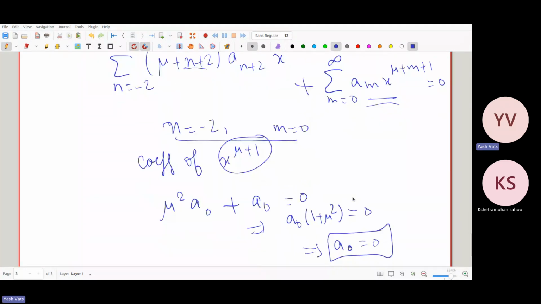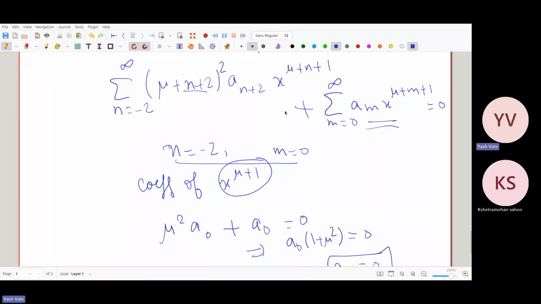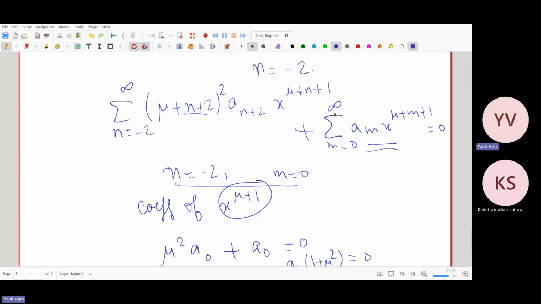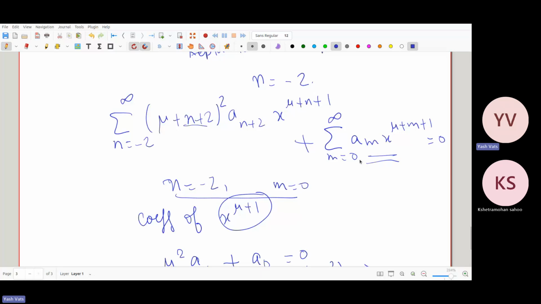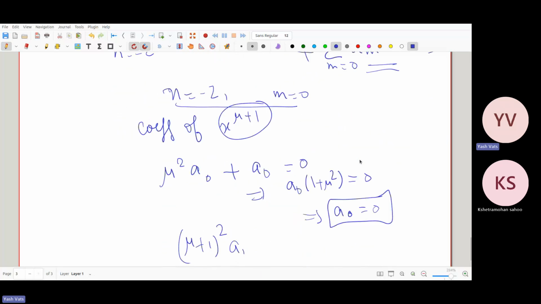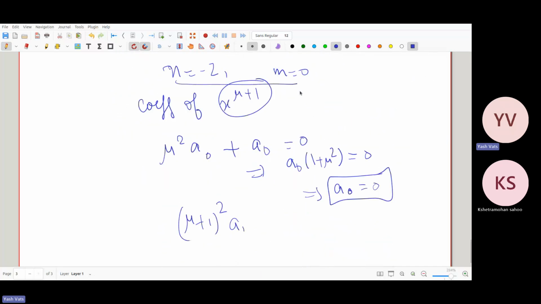And similarly, if you put n equals minus 1, then you have the coefficient of x to the power mu. In that case, you have a1, and you have mu plus 1 square a1. So here a naught is coming only by this, and x to the power mu.